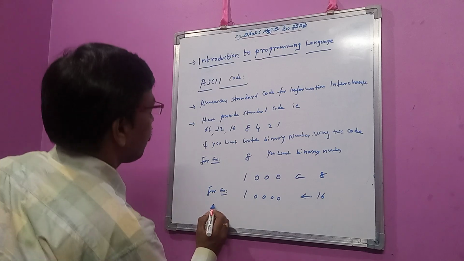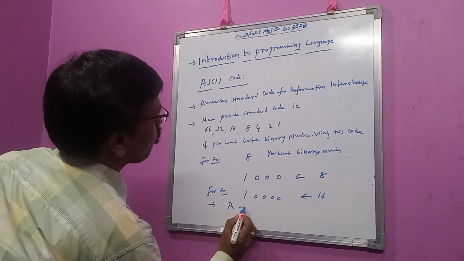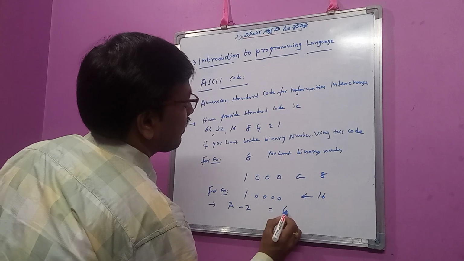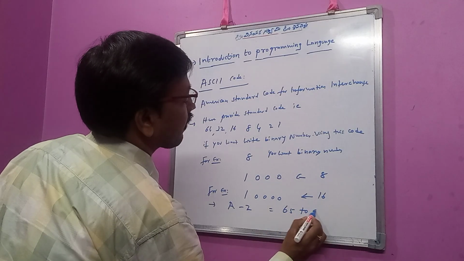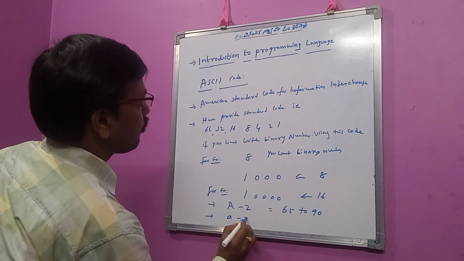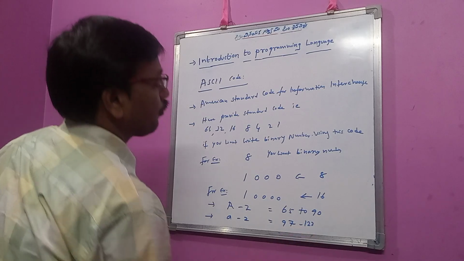Next, here capital A to Z represents 65 to 90. Small a to z is 97 to 122.